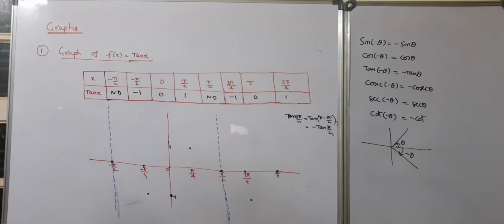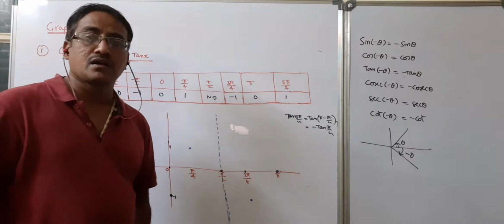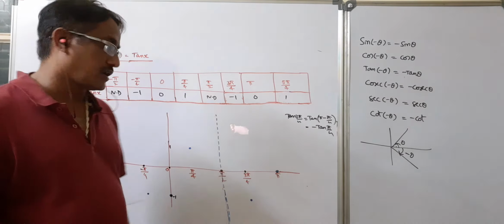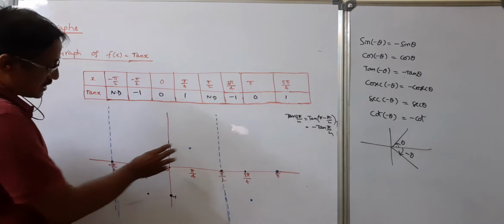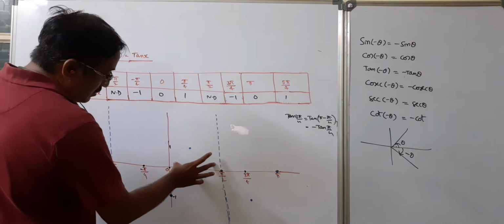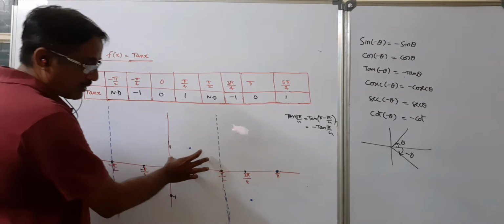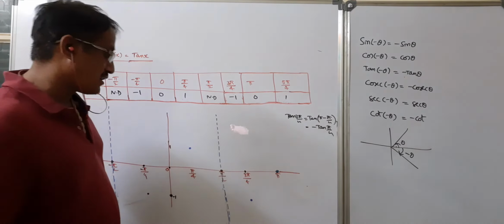Again not defined. Now let us see how we are going to draw the graph where it has not defined points. Now see this. You can start here and remember that 0 to pi by 2 is always the first quadrant, and pi by 2 to pi is the second quadrant.